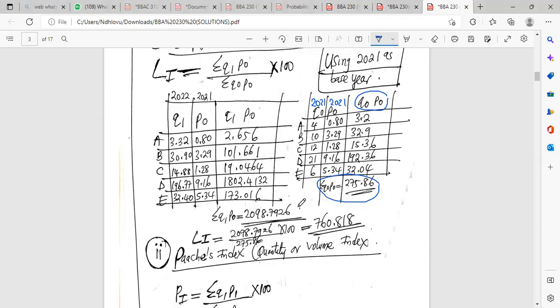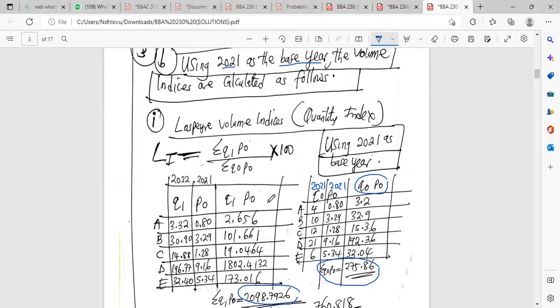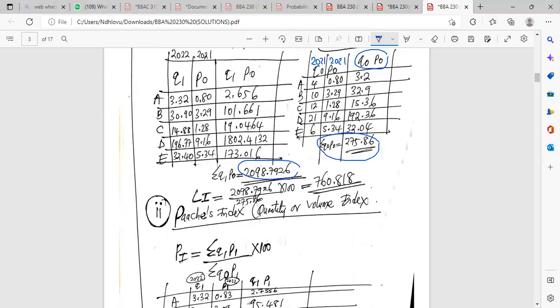Then this other one is 2098.79, after multiplying the Q1 and P0. That is the formula here for the quantity index or the volume index: Q1 P0 over Q0 P0 by 100. So we are getting 760.818. This is the last price index.